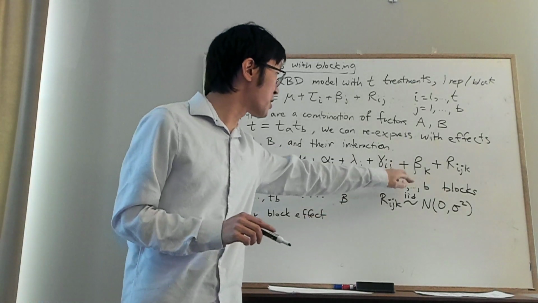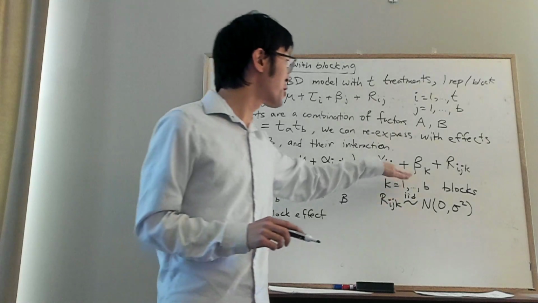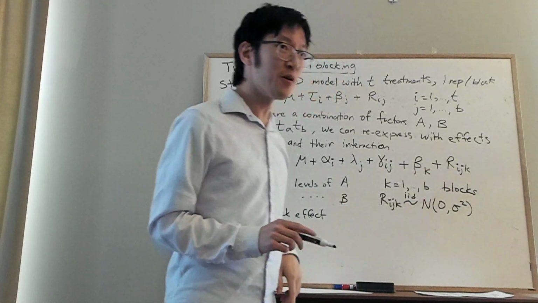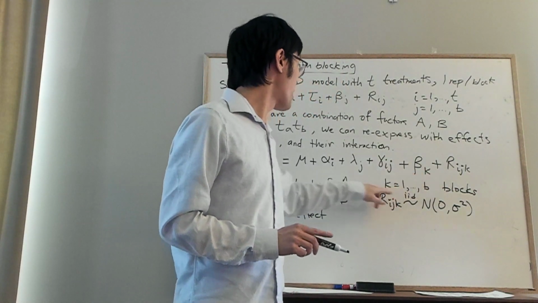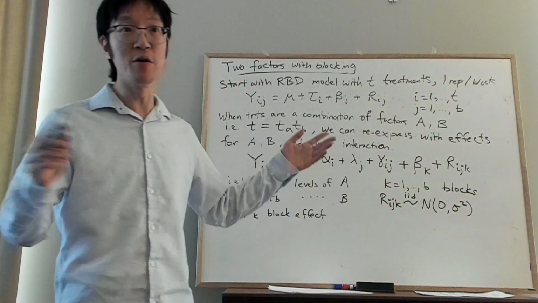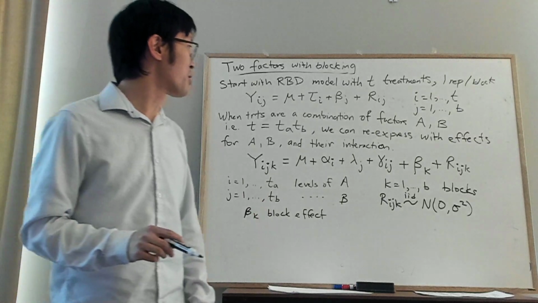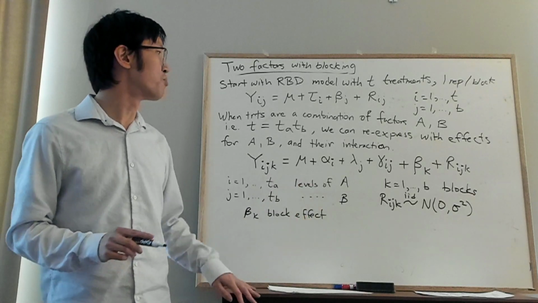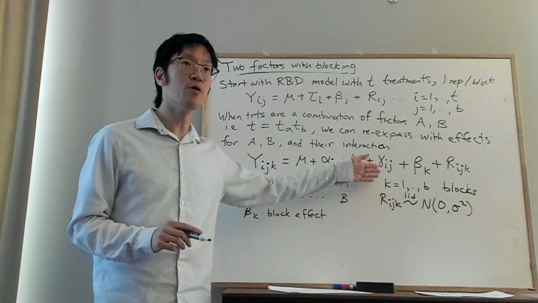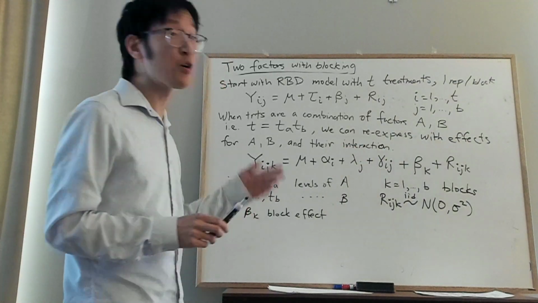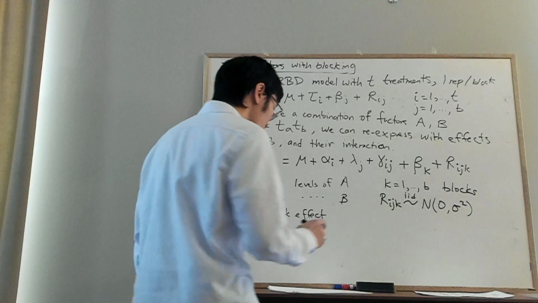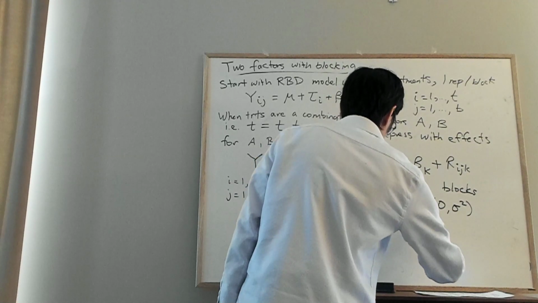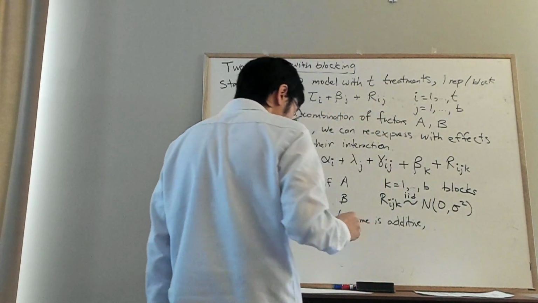We could exhaust the Greek alphabet here by adding another term, say, block interacting with factor A, block interacting with factor B. So we could hypothetically extend this model a lot further, but we're going to assume that the block simply does not interact with the two factors, and so we're not going to put any additional interaction terms in this model. So we assume it is additive, which we now understand to mean it does not interact with either factor.